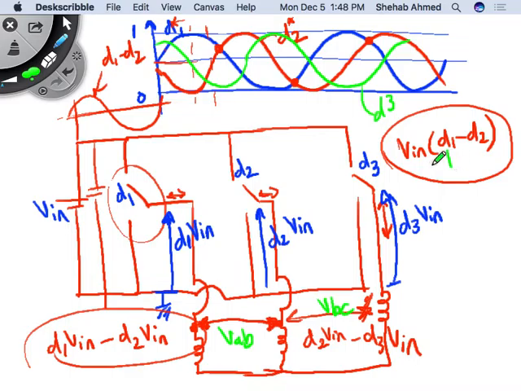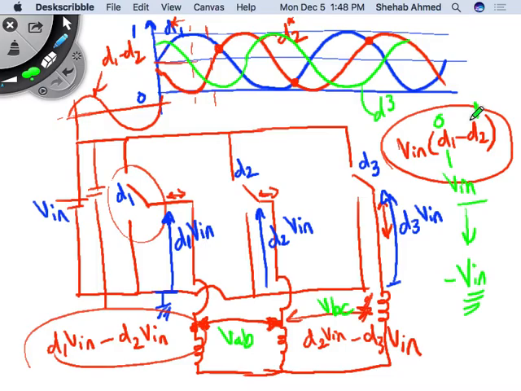It's Vn. So what's the peak value of VAB? My line voltage maximum value can be Vn times D1 minus D2, right? So this will be the peak value of Vn, and the minimum value minus Vn. This is 0 and this is 1. Duty ratio will always be between 0 and 1.